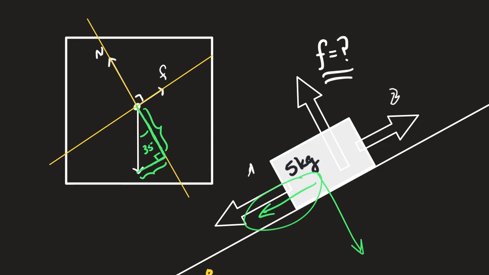So when we break these up, we're still going to use our rules for triangles, still cosine and sine. This is the adjacent side, and this is the opposite side. So because this is the adjacent side, this one will be mg cosine theta.